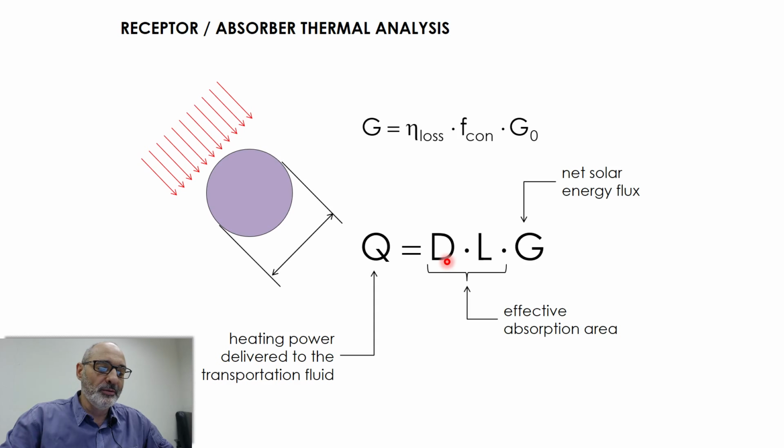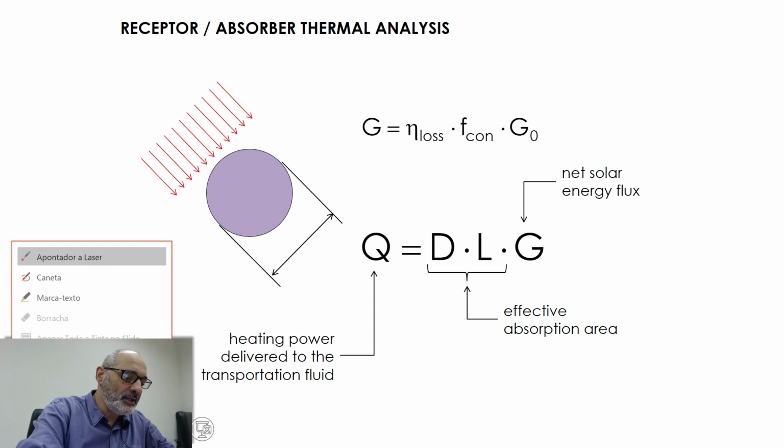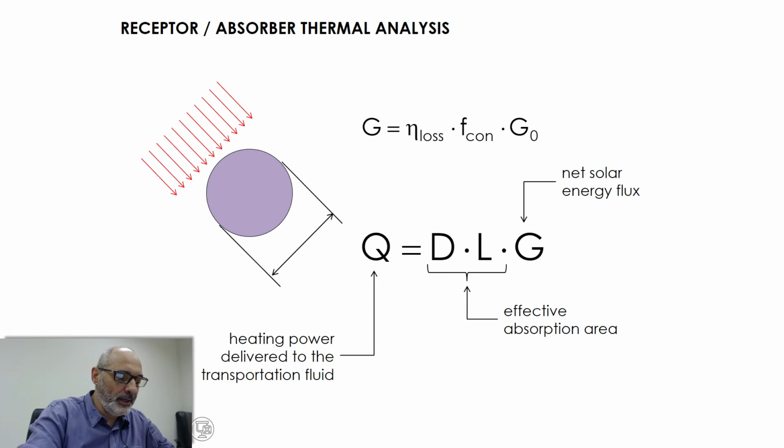we need only to multiply by the area of absorption. An important remark here is that the area actually corresponds to what we call the projected area. Let me get my pen here. The projected area is this area here.